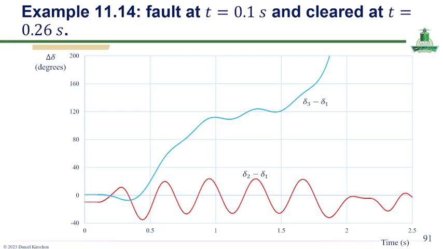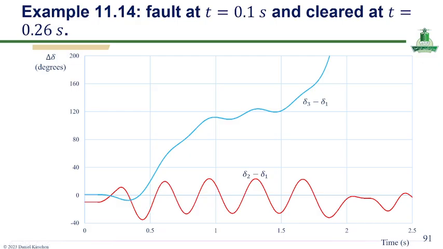So although generator 2 continues to oscillate within a limited range, the angular deviation of generator 3 increases continuously after the fault is cleared. So the blue curve grows rapidly and exceeds 180 degrees, as you can see here, indicating loss of synchronism and instability in the system.